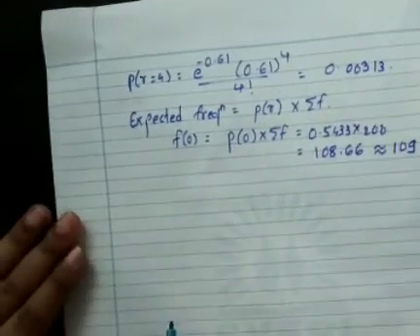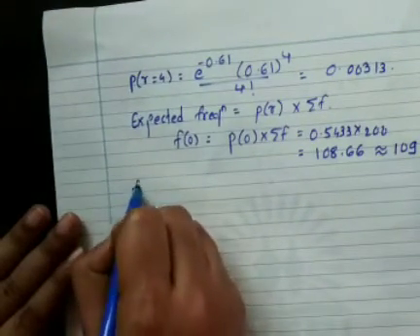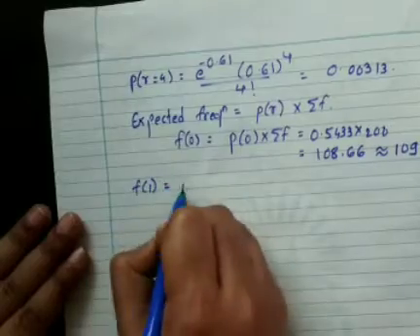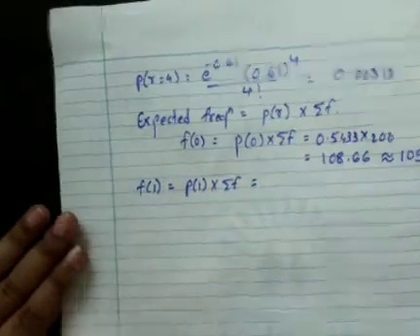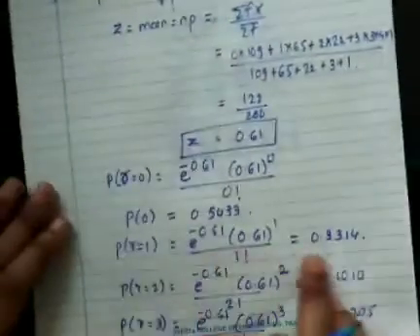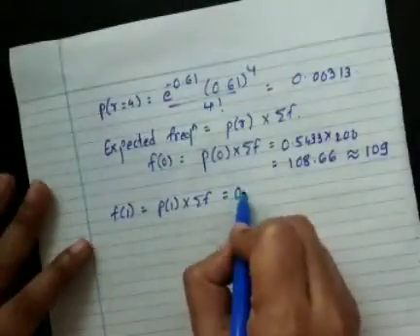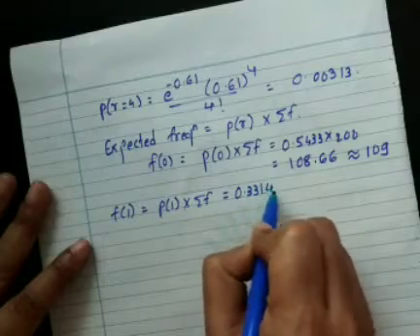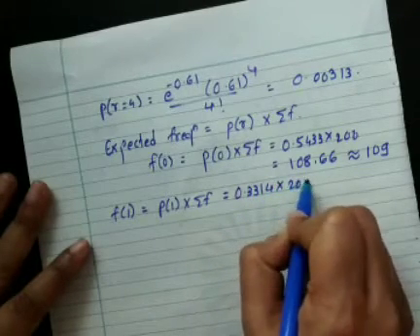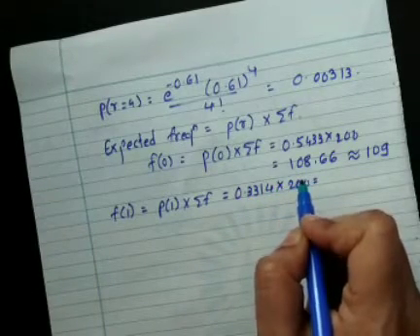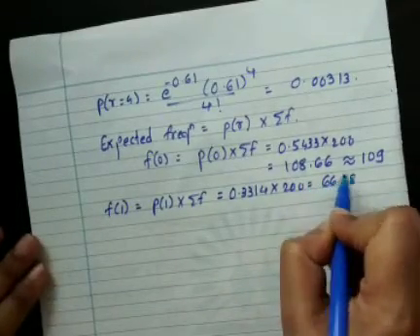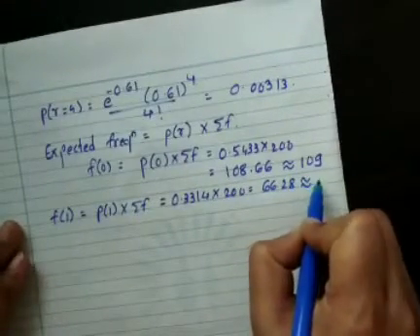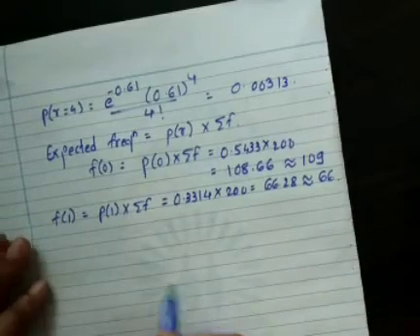Okay, next we'll find frequency at 1, that is probability at 1 into summation f, and probability at 1 is 0.3314 into 200, that is equal to 66.28, and round it to 66.